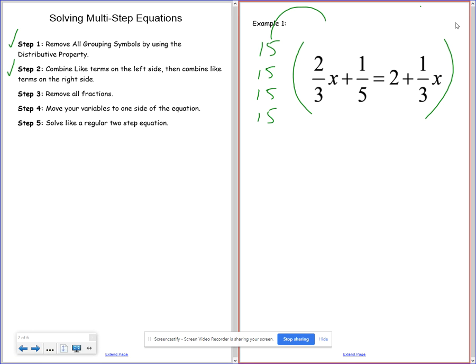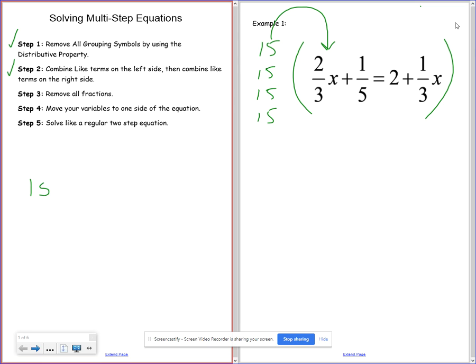So I'm going to take 15 times 2/3 x. That's like having 15 over 1 times 2/3 x. If you remember back to middle school, when you multiply fractions, you can do it 2 ways. You can multiply straight across. So you go 15 times 2 is 30, and then 1 times 3 is 3, and then reduce, which is 10.